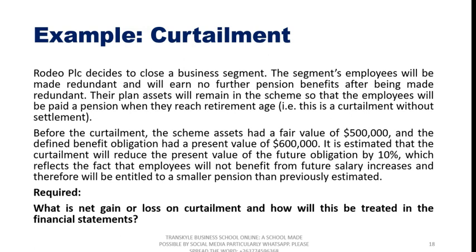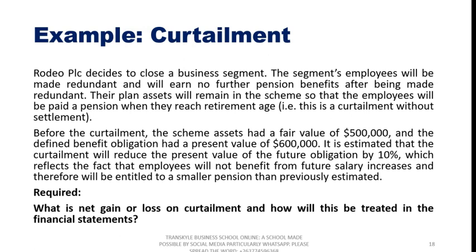Before the curtailment, the scheme assets had a fair value of $500,000 and the defined benefit obligation had a present value of $600,000. It is estimated that the curtailment will reduce the present value of the future obligation by 10%, which reflects the fact that employees will not benefit from the future salary increases and therefore will be entitled to a smaller pension than previously estimated.